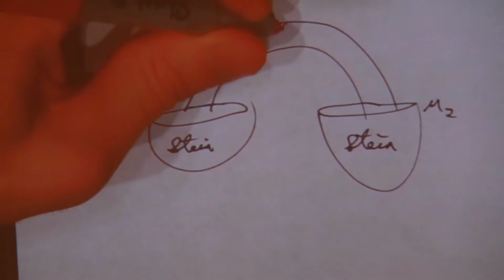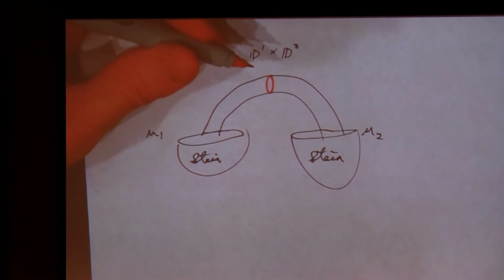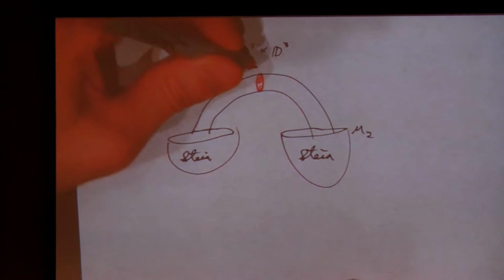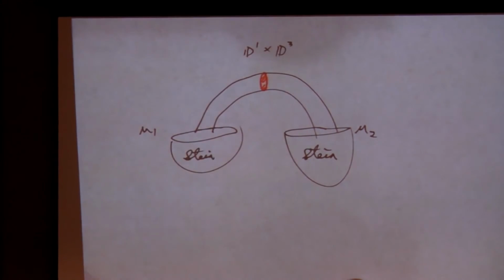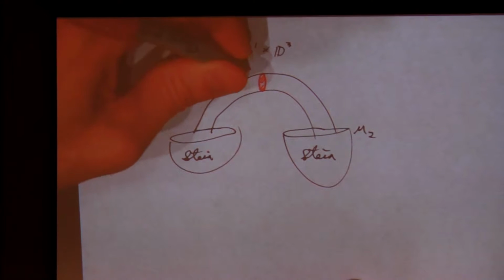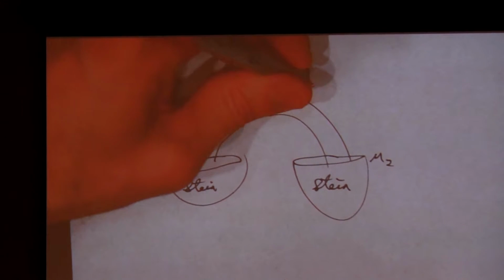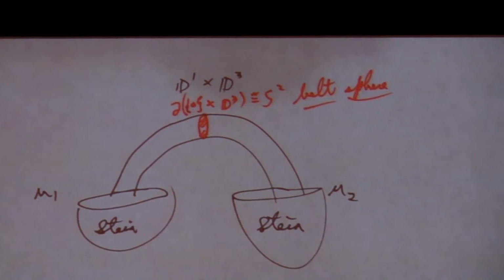So how does this work? We have this one handle, D1 times D3, and at the center of it the co-core is a copy of D3. The boundary of that is what's called the belt sphere.